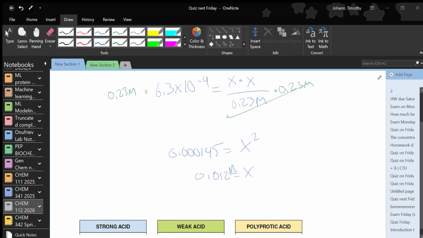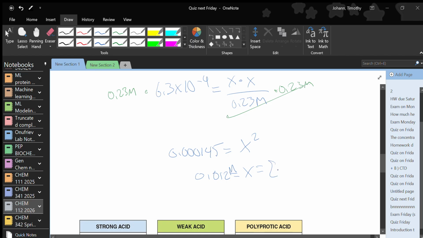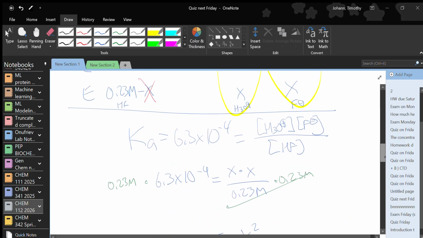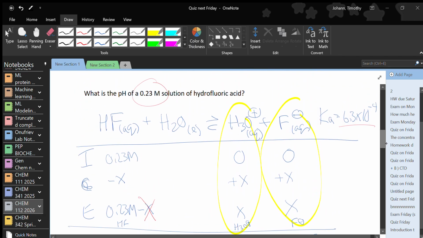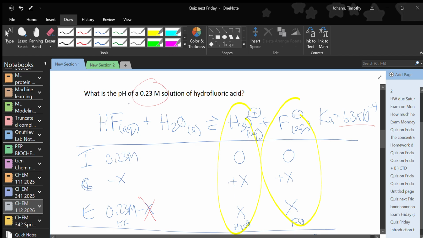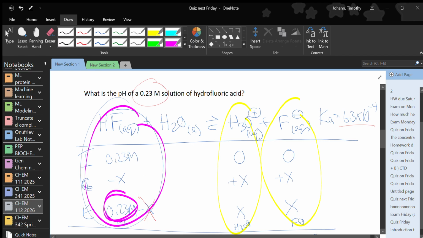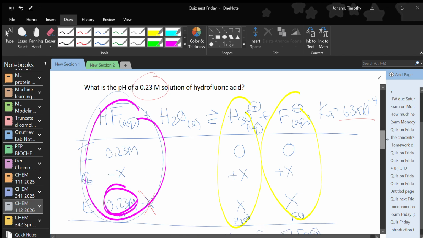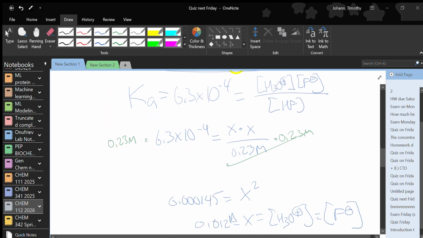So what I could do is just off to the right here say that's equal to my concentration of H3O plus, and it's also equal to my concentration of F minus. My problem asked for what's the pH, right? So I don't need to solve for this, although that's my answer, right? I'm saying that it didn't change at all. I could actually subtract this out.